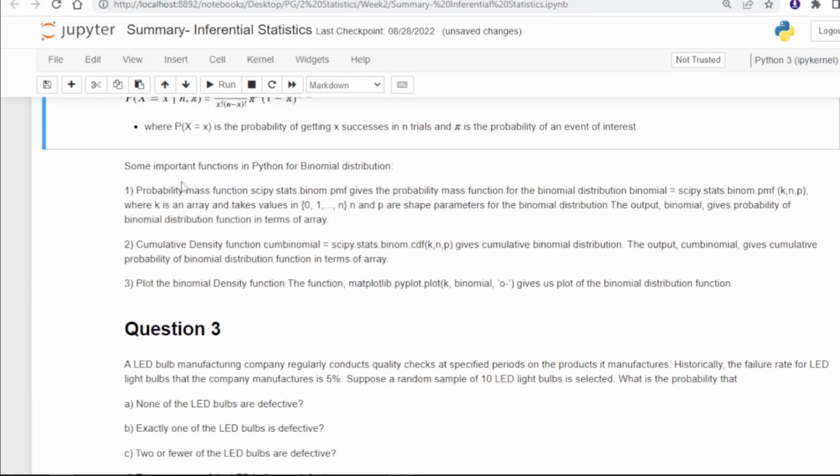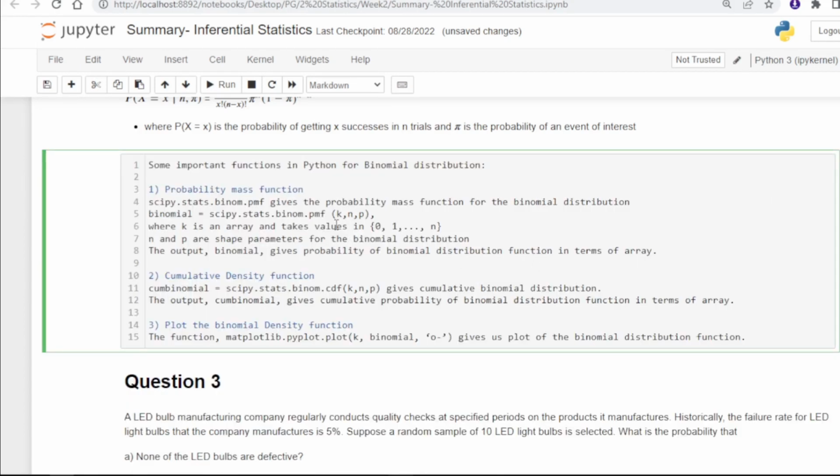There are some important functions in Python for the binomial distribution. The probability mass function, that is PMF, which we have discussed many times, is in scipy.stats.binom, right? We get the PMF from there. That gives the probability mass function for the binomial distribution, which is scipy.stats.binom.pmf.